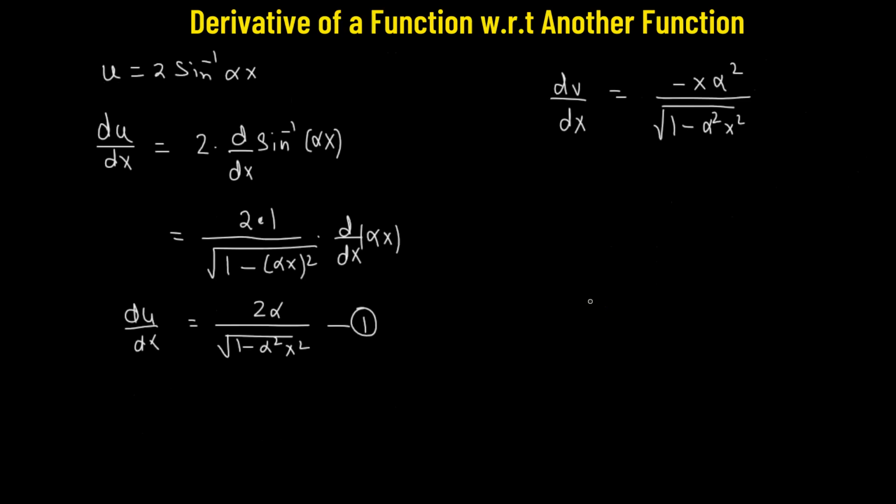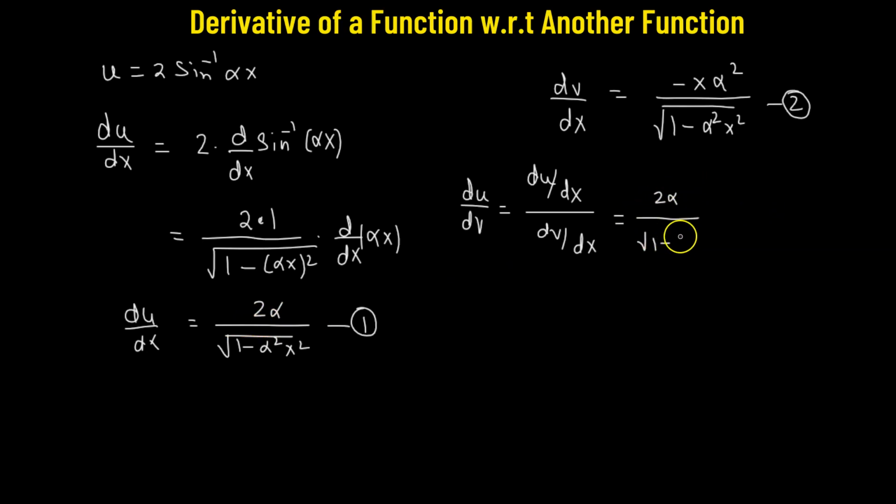Now we have obtained the derivative of v with respect to x as well as the derivative of u with respect to x. So this can be used to obtain the derivative of u with respect to v, which is simply the derivative of u with respect to x divided by the derivative of v with respect to x. So we have from number 1 the derivative of u with respect to x given by 2 times alpha divided by square root of 1 minus alpha squared times x squared. This is divided by the derivative of v with respect to x, but we'll simply multiply by the reciprocal, square root of 1 minus alpha squared x squared divided by negative x times alpha squared.